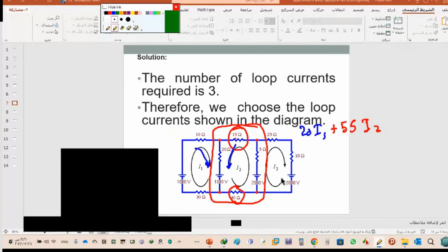Now from loop 3, see this is up, this is up, so same direction, plus 5 I2 positive I3 equal, see the volt here, this positive, negative 1000, continue here, this is opposite, minus 2000. Is it clear or should I repeat?